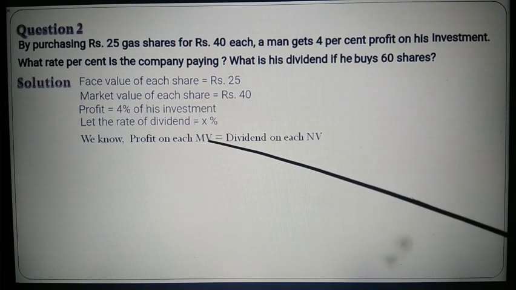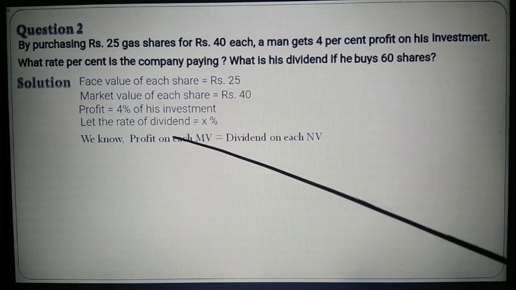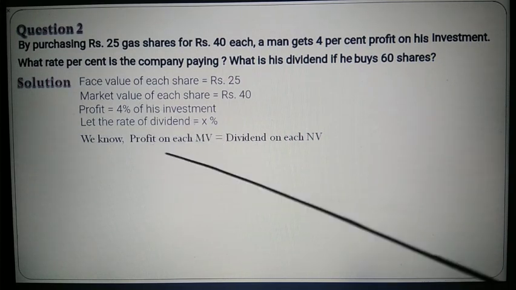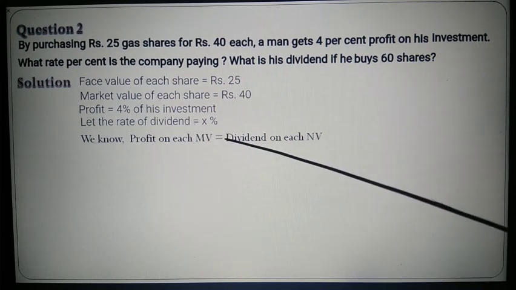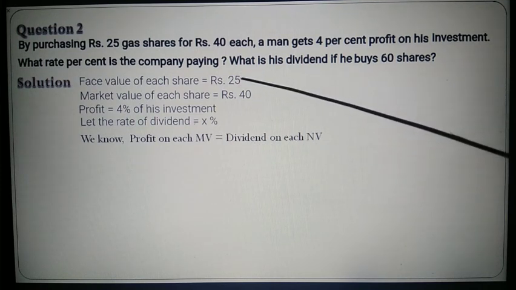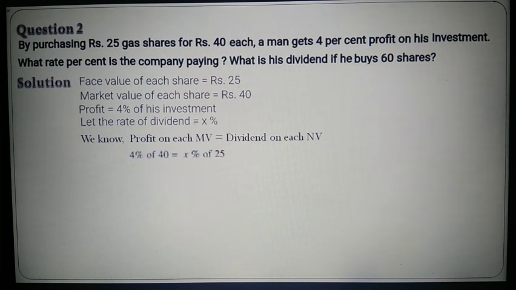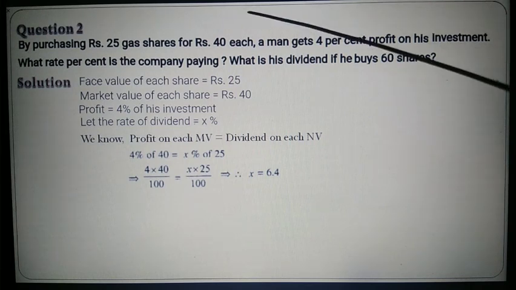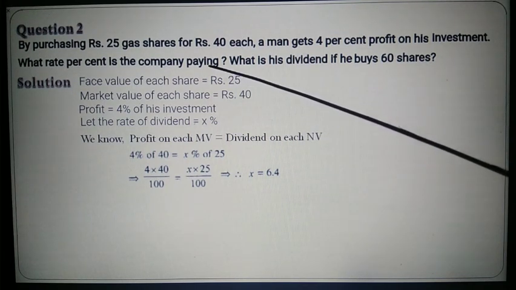The market value is 40 and profit is 4%, so 4% of 40 equals x% of NV, and NV is 25. From here the value of x is 6.4. So my rate of dividend is 6.4.